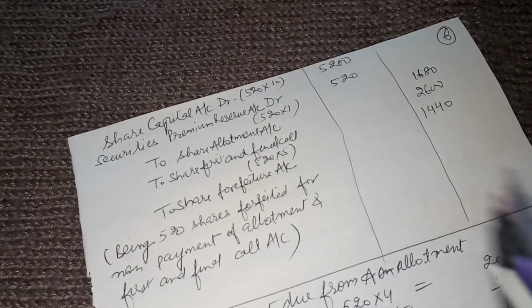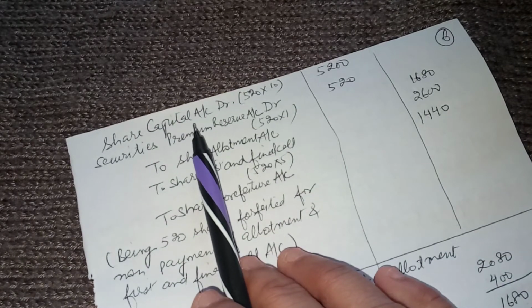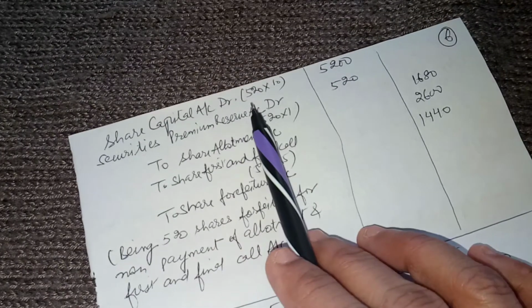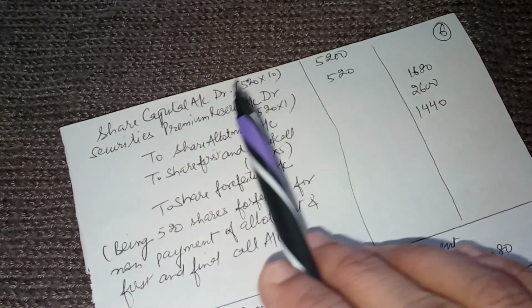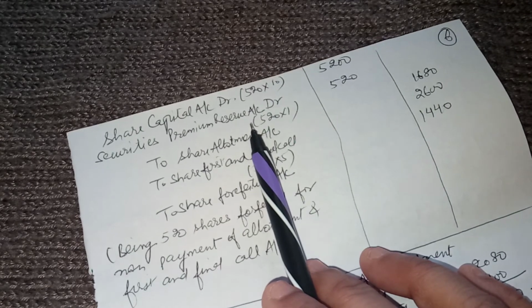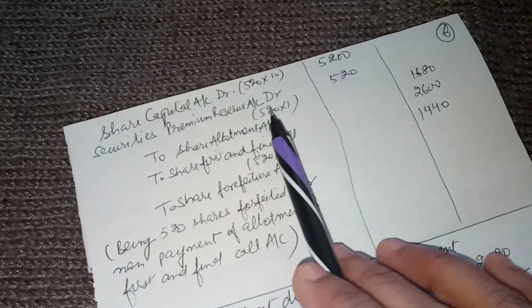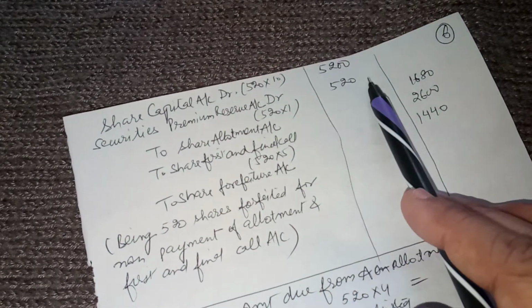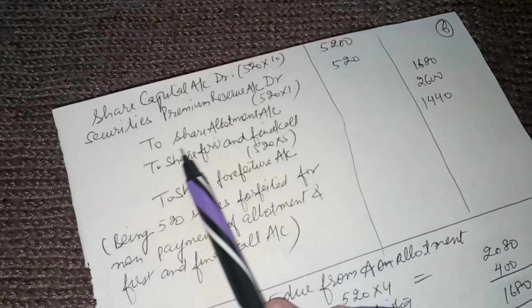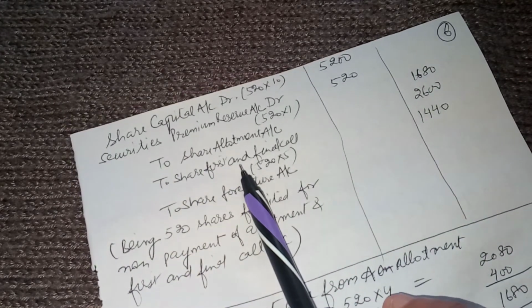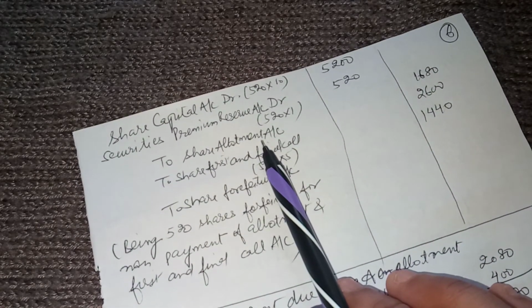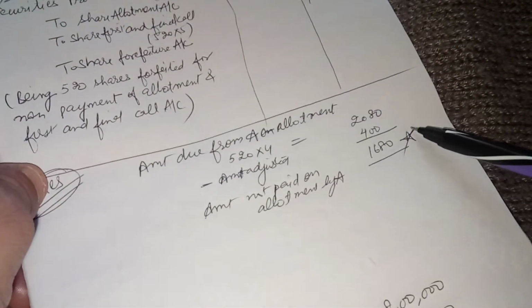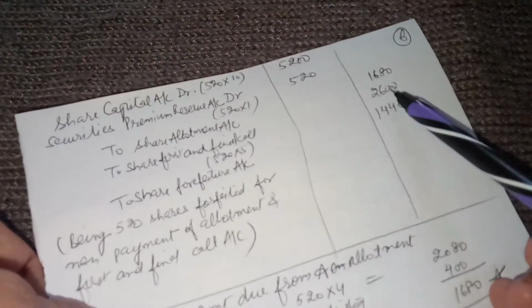And now the basic forfeiture entry. 520 shares were forfeited. Share capital account debit 520 into 10, as the total amount called up, 5200. Here securities premium account is debited, as the defaulter did not pay the premium, 520 into 1, it is 520 rupees. To share allotment account, to share first and final call account, to share forfeiture account. Now for share allotment account we calculated that he did not pay 1680 rupees, so that will be credited.